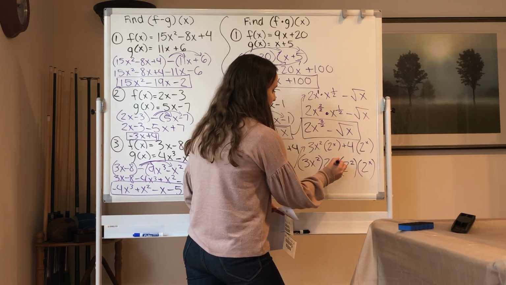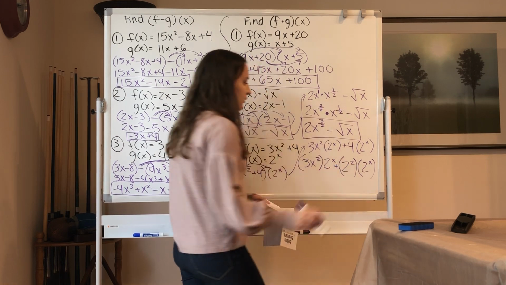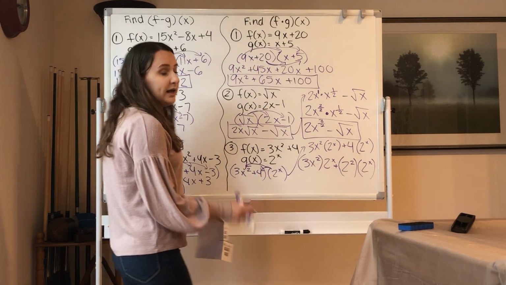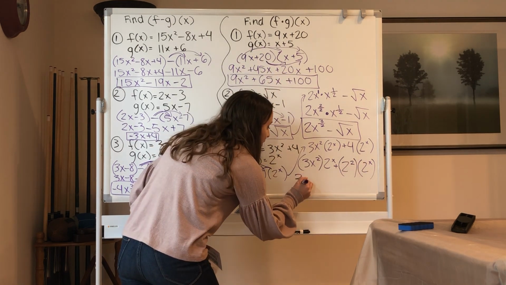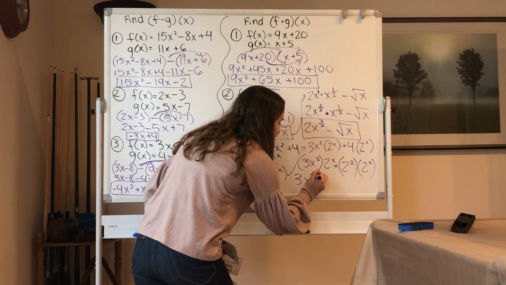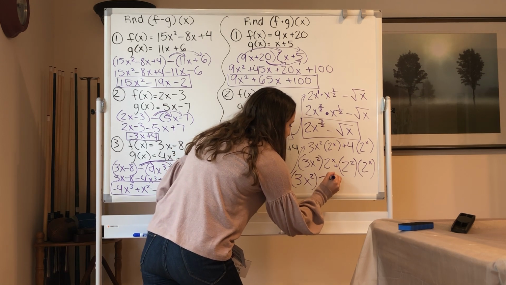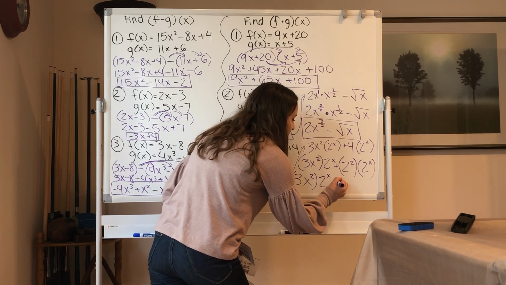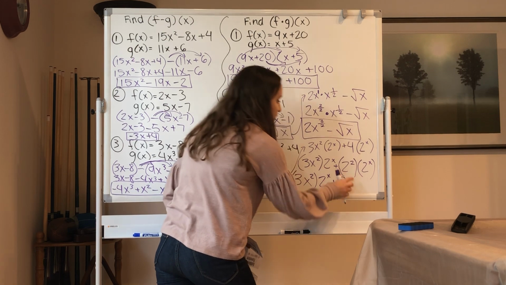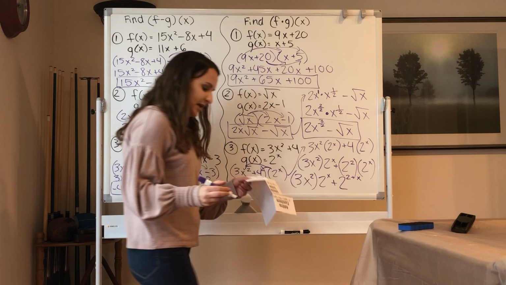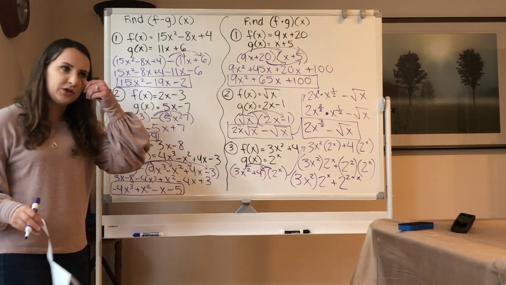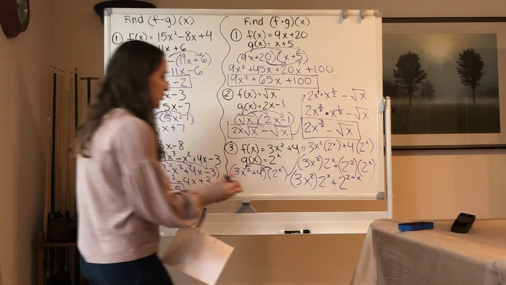I'm making a common base of 2. Now remember, since I have the same base, I can add my exponents. So now I have 3x squared times 2 to the x plus 2, or 2 to the 2 plus x, however you want to write it. So this would be your final answer.